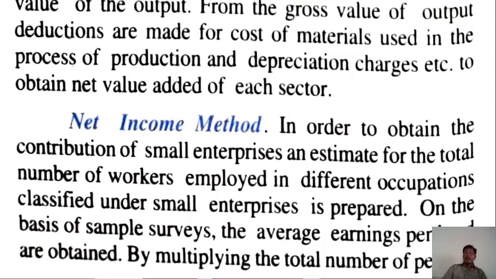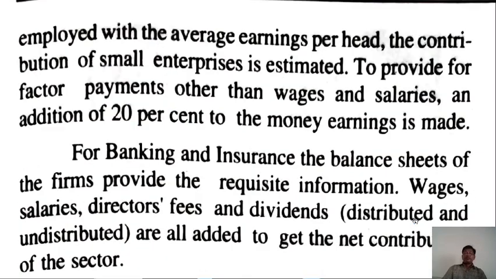The average earning per head is obtained, and the total number of persons employed is multiplied with the average earning per head. The contribution of the small enterprises is estimated to provide for factor payments other than wages and salaries. An additional 20% of the money earning is made.